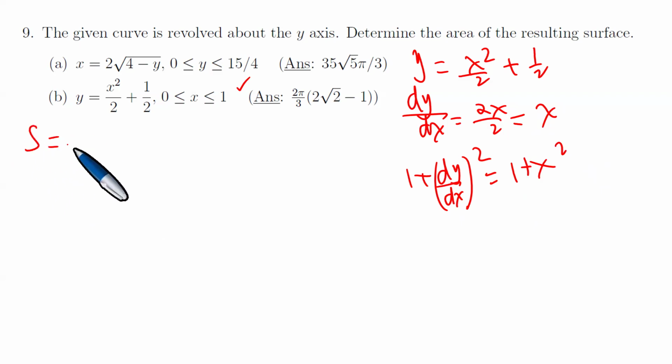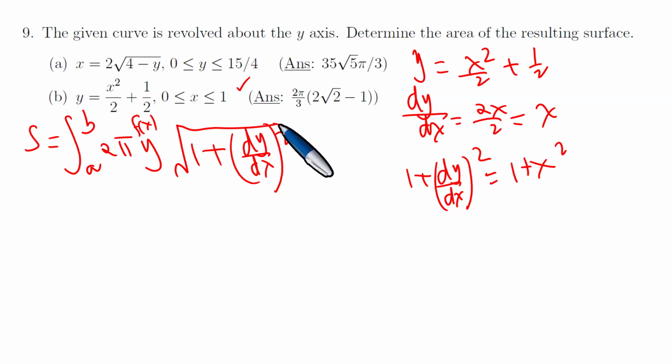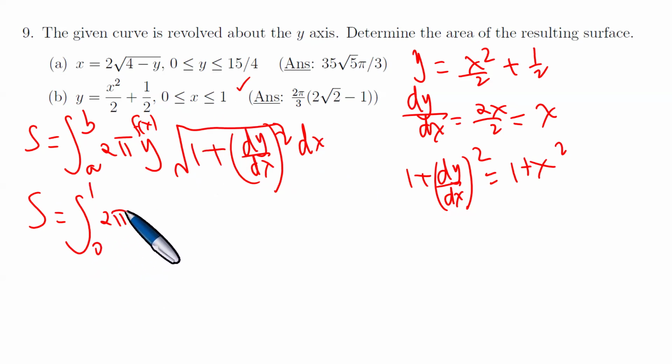So the area of the surface is the integral from a to b. That's the one you're going to use: 2 pi y, the square root of, or 2 pi f of x, the square root of 1 plus dy dx, or f prime of x, squared dx. Now you integrate; x is from 0 to 1. 2 pi, y or f of x.